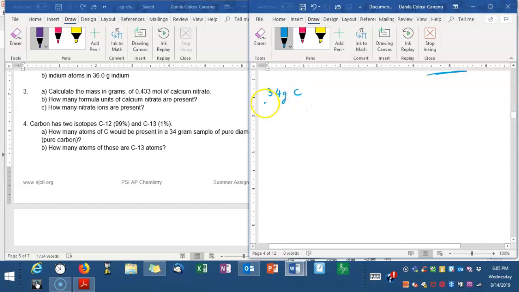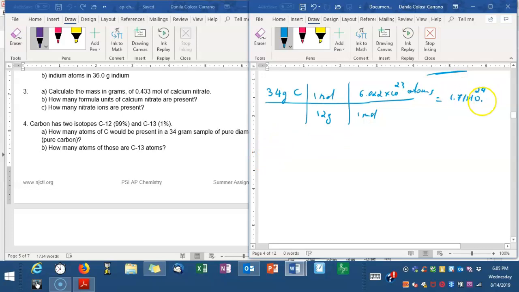So if the mass is 12, so 12 grams is 1 mole, okay? And in 1 mole, there are 6.022 times 10 to the 23rd atoms, right? You're done, basically. So this is 1.71 times 10 to the 24th atoms.